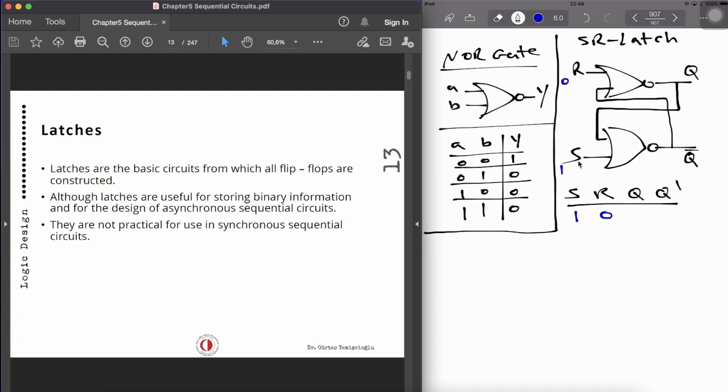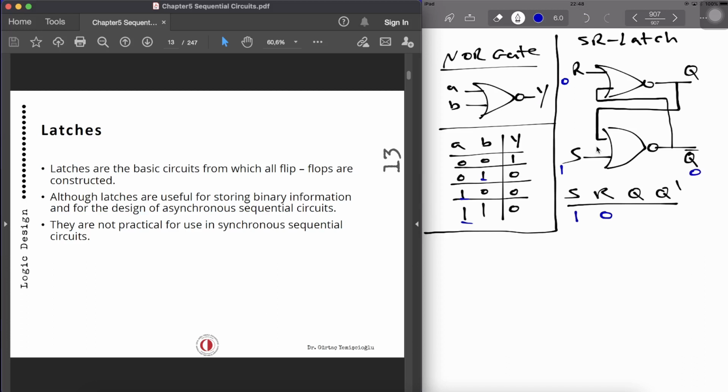Now what will happen? If I consider this NOR gate over here and check the truth table, if any of the inputs are 1, the output is always 0. So what I'm going to get over here is 0 at Q prime.